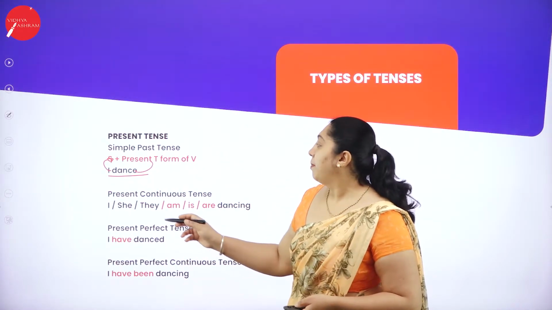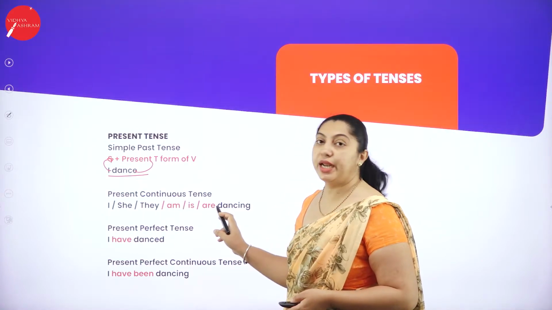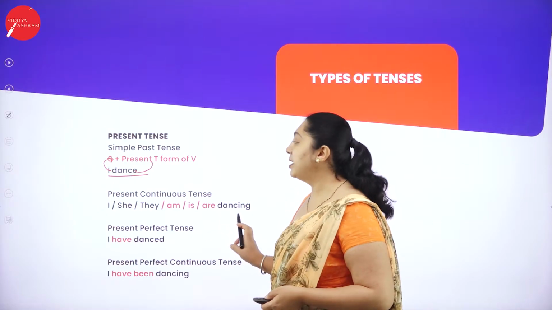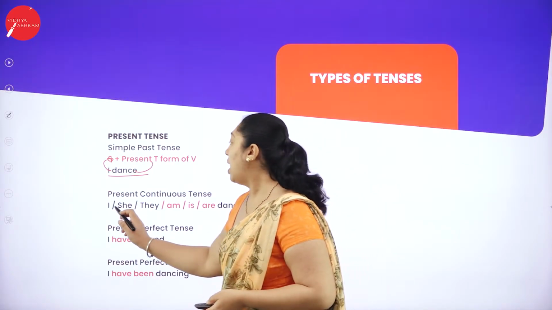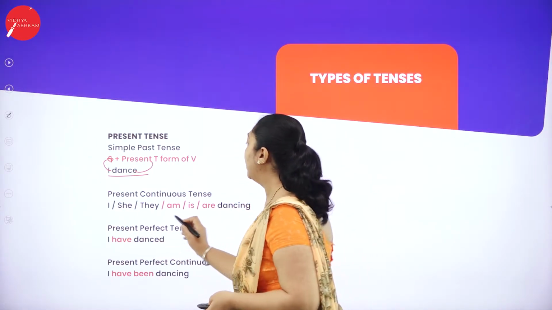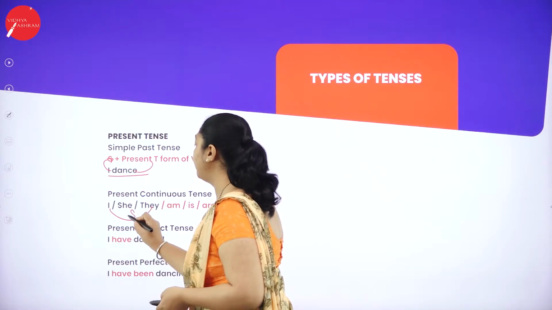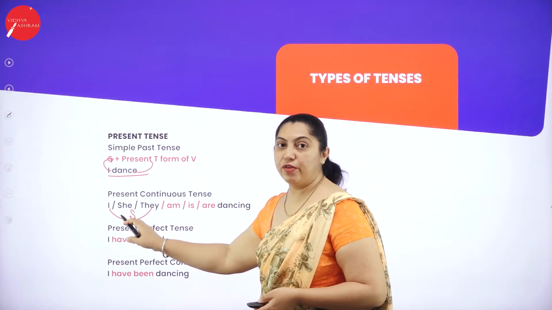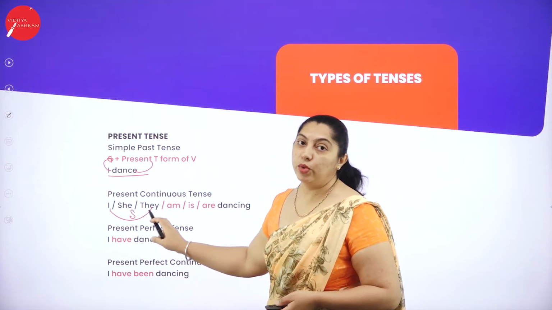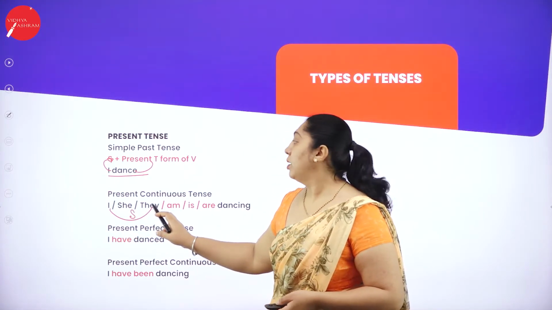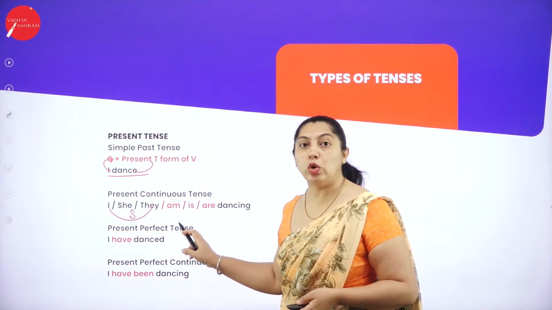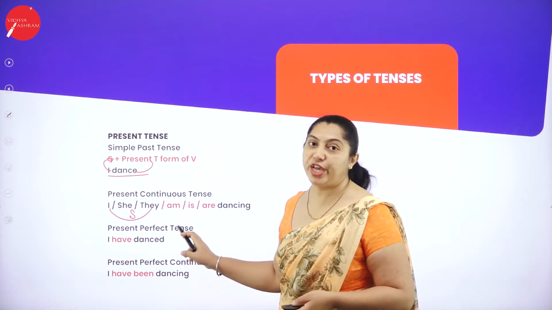And the next, present continuous tense. I, she, they, am, is, are dancing. Here I, she and they, these 3 words are subjects. These 2 are in singular form and this is in the plural form. As I told, when the subject changes, the auxiliary verbs also keep changing.